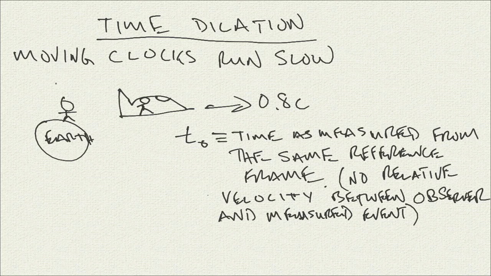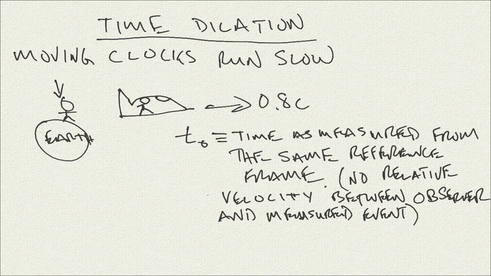So now let's be clear about this. If the person on Earth is measuring something on Earth in their own reference frame, it would be T naught. If the person on the spaceship was measuring something inside their spaceship, like a clock or an event that took some time, that's called T naught.